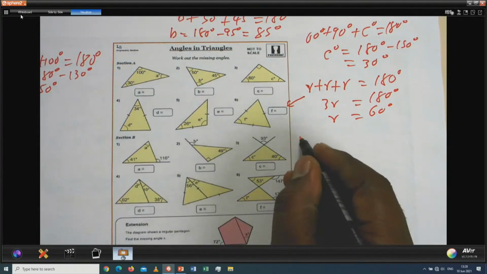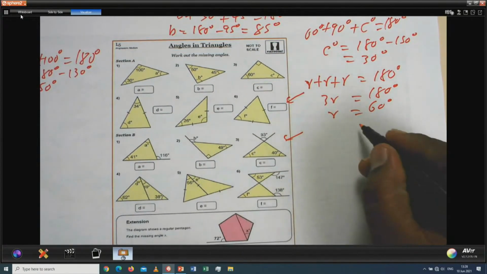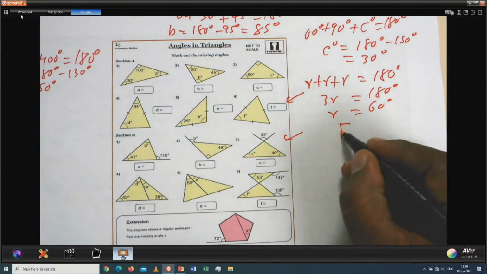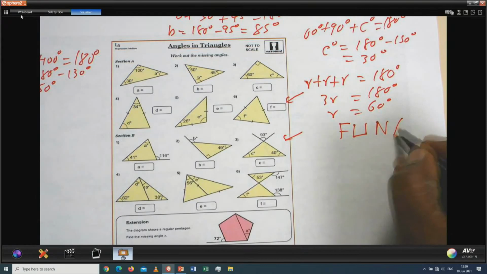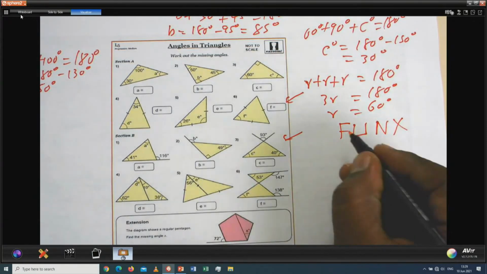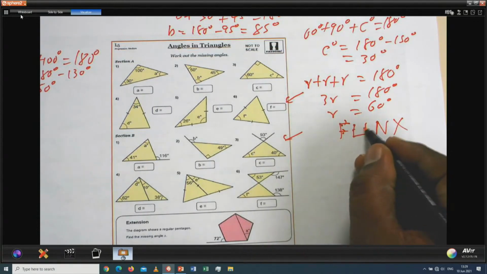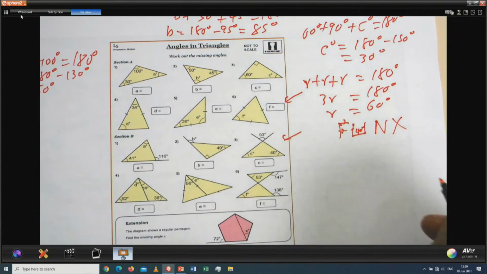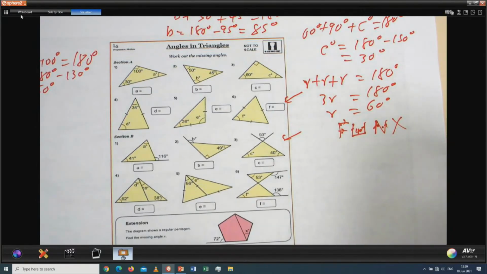Let's look at this one, number 3. Now remember, earlier on I gave you this picture, the picture of F, Z and X. When lines are parallel, these angles are equal. When lines are parallel, these angles add to 180. When lines are parallel, in a Z or an N, these angles are equal.